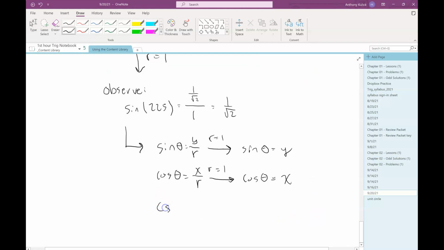And similarly with cosecant, r over y just becomes 1 over y. And secant theta, r over x, becomes 1 over x.